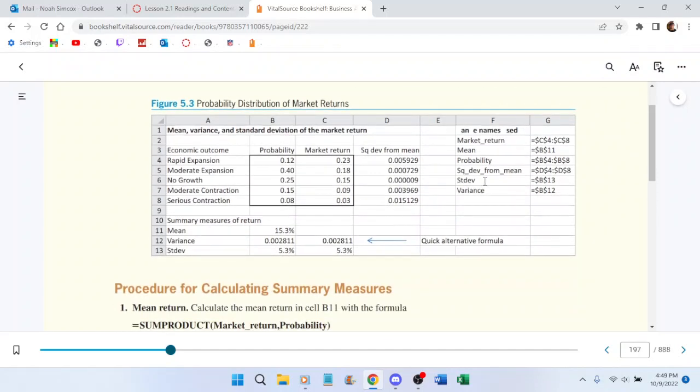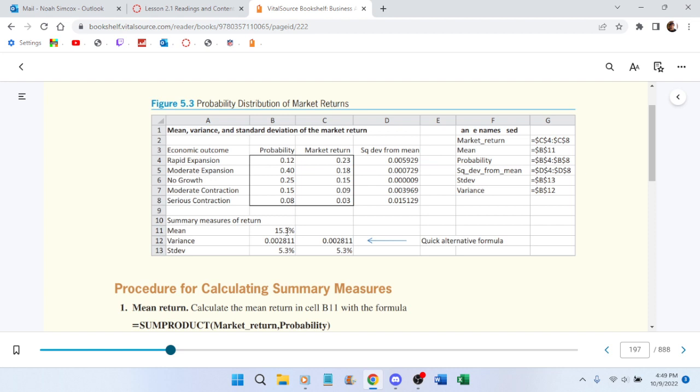What they really mean... Dude, what the heck? What is this? B11, mean.